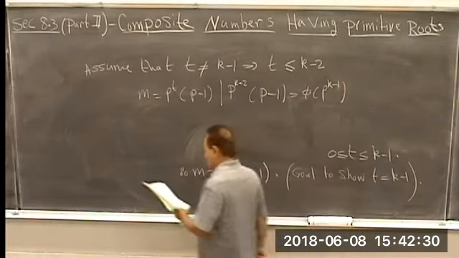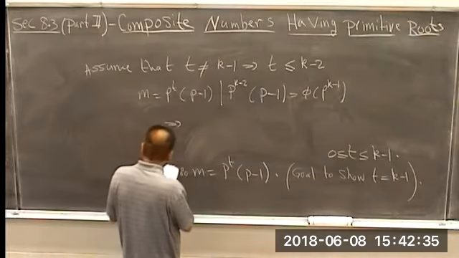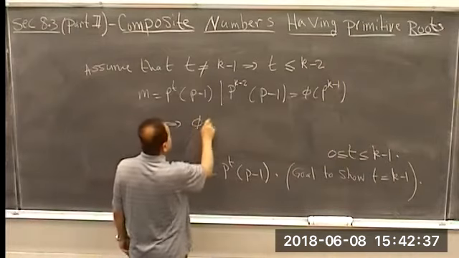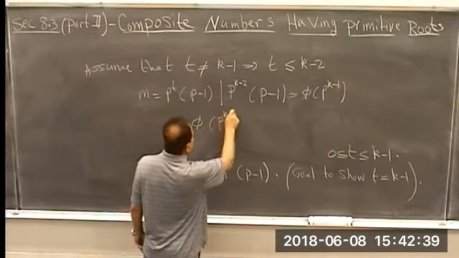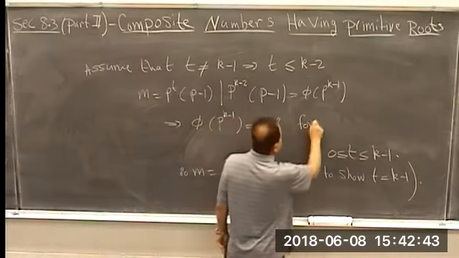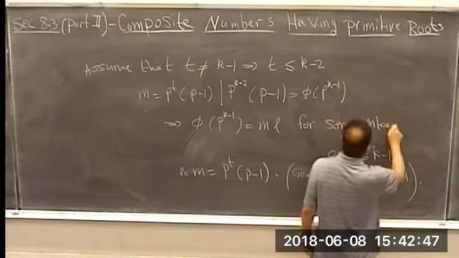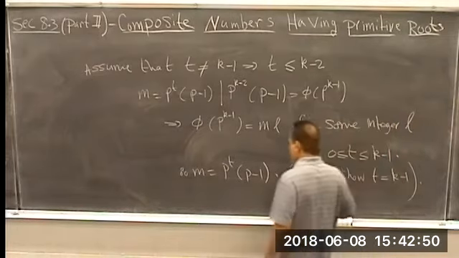So this implies that p to the k minus 1 times p minus 1 is equal to M l for some integer l.